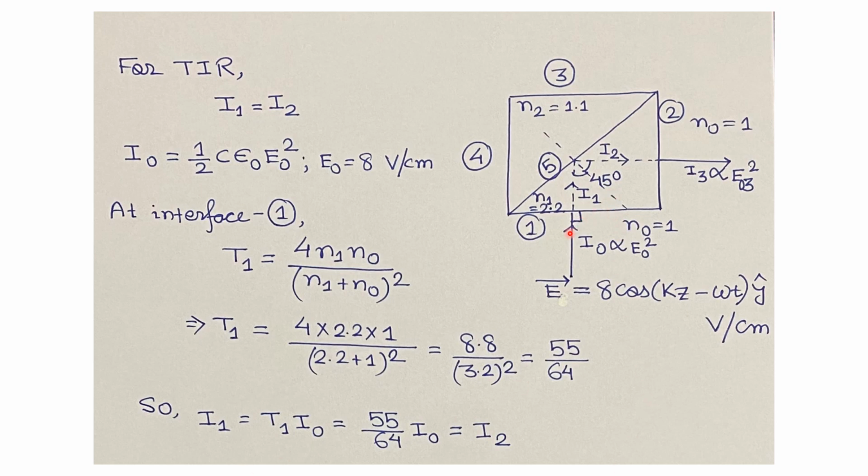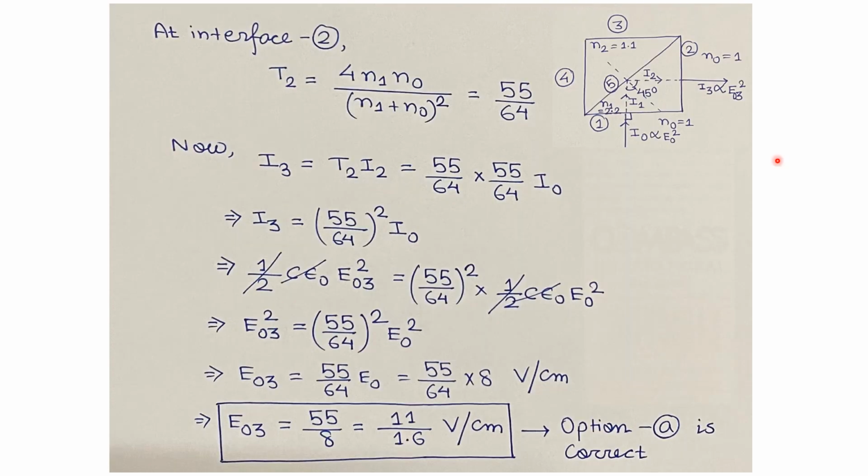So the transmitted light from region 1 to this region of the slab is given by I1 equals T1 multiplied with I0, that is 55 by 64 into I0, which is your I2, because our I1 equals I2 in this region because of total internal reflection. Now we will calculate the transmittance value for this interface, that is interface 2, and it is given by T2 equals 4 N1 N0 by N1 plus N0 whole square, which is the same as T1, that is 55 by 64.